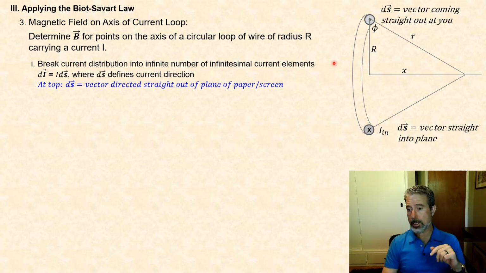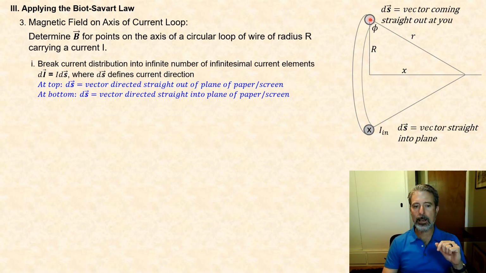So you'll notice here, as I say in the diagram, the ds, this displacement vector, the current is moving directly out of the plane of the paper right at the top, and down at the bottom, as we said, the vector ds is moving straight into the plane of the paper.